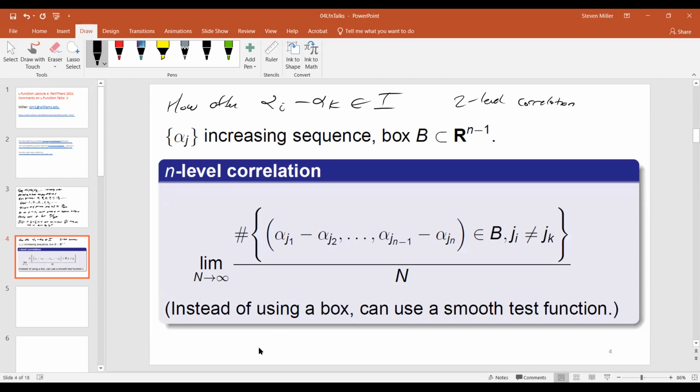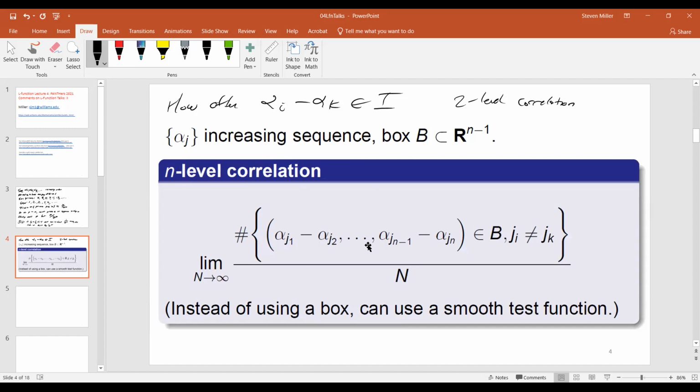So how often would you expect this difference to be in a fixed, finite interval? If we have, for instance, the alphas of the primes, we want to calculate what fraction of the time.